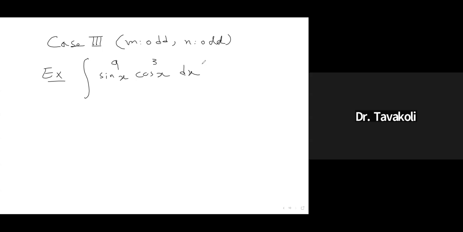Either one is fine. In this example, the angle is x. So let me go with u equals the sine. And du over dx is cosine, or du is cos x dx.